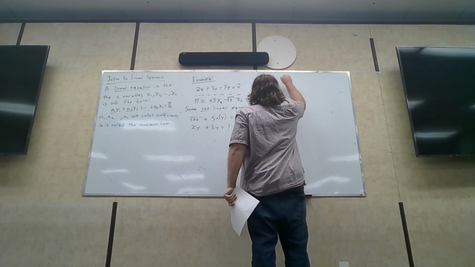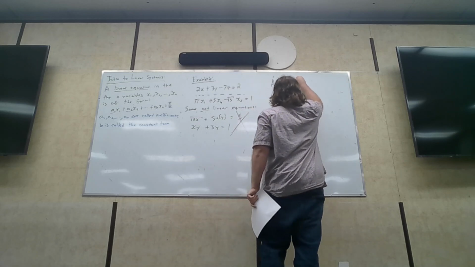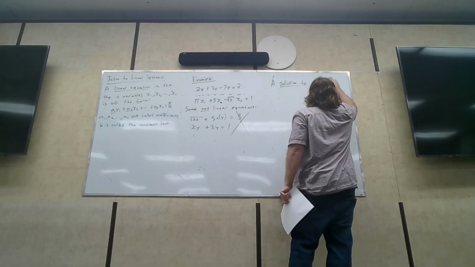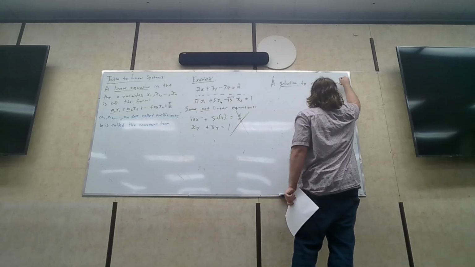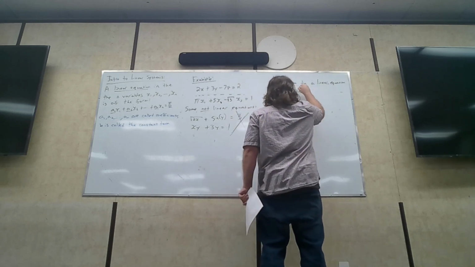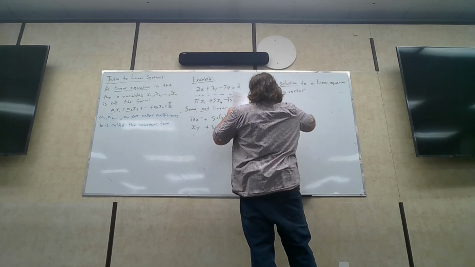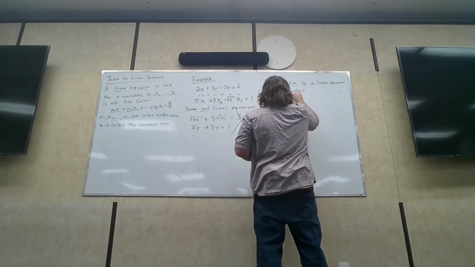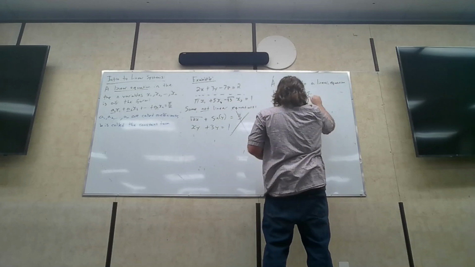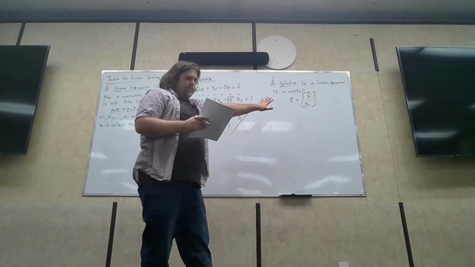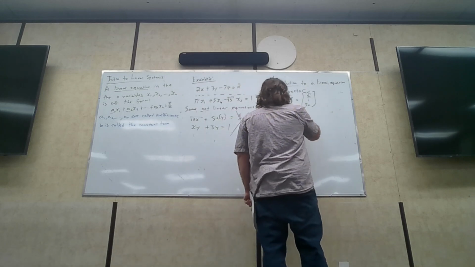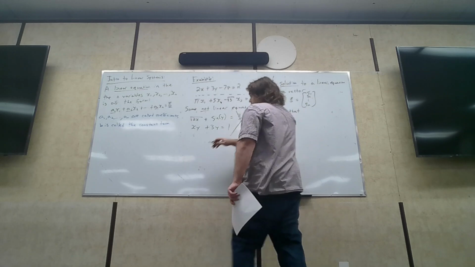So a solution to a linear equation is a vector. What do I call it? I don't even give it a name, I don't think. I'll call it S. S1, S2, up to Sn. So it's a list of numbers such that, so you've got that equation written right here.